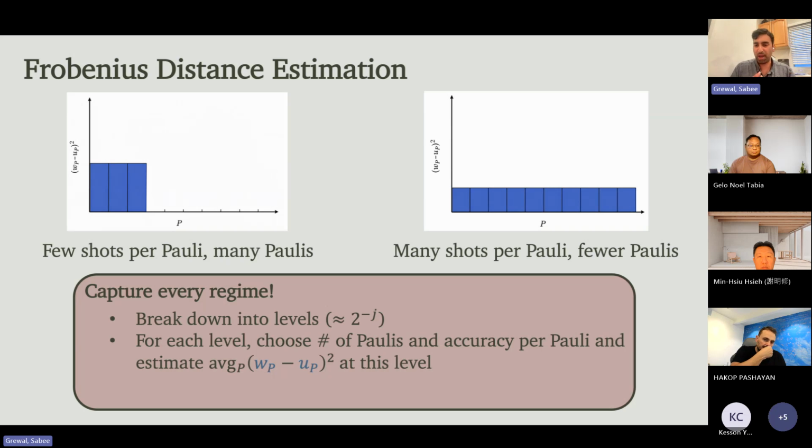So we'll choose the number of Paulis we sample and the accuracy per Pauli in a way that makes sense for that level. If we're on the left-hand side, we'll do few shots per Pauli, many Paulis. If we're on the right-hand side, we'll do many shots per Pauli, but fewer Paulis. And for the levels in between, we'll interpolate between these two strategies. Then for each of these levels, we'll recover some estimate, and then we have some way to combine these together. And this ends up giving us our Frobenius distance estimation.